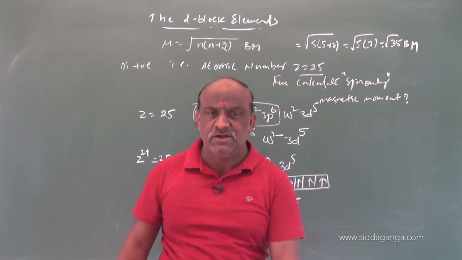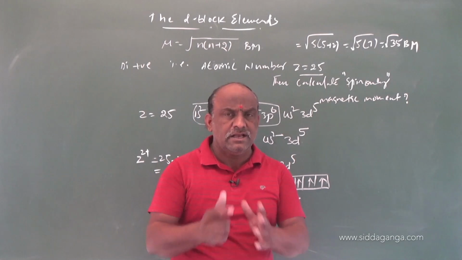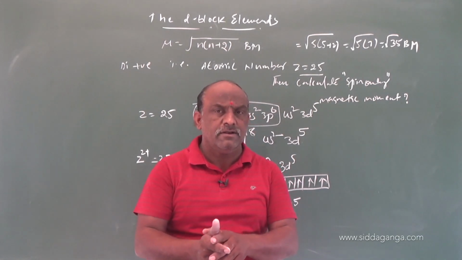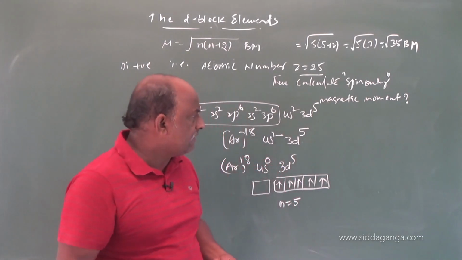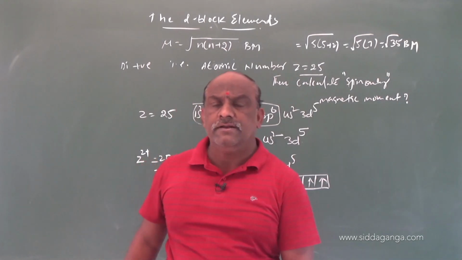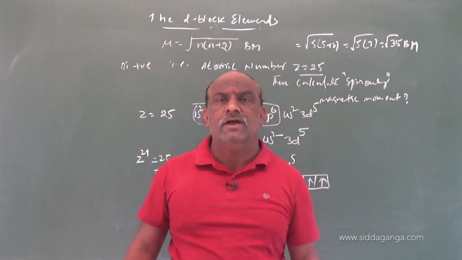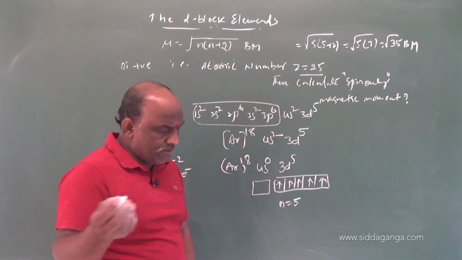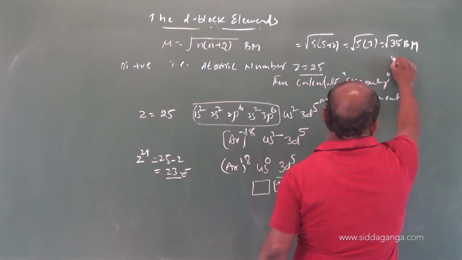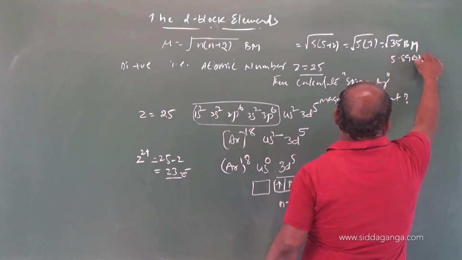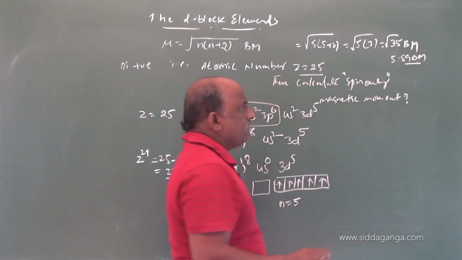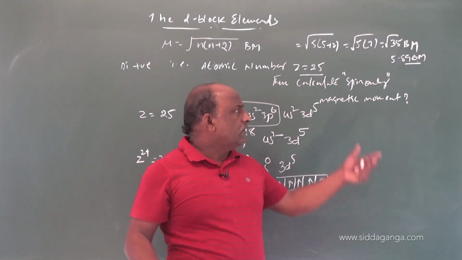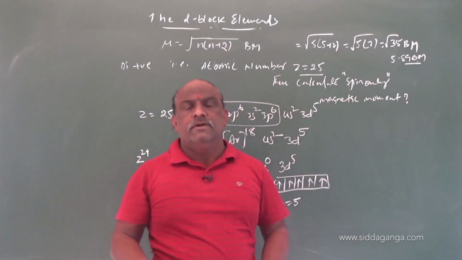Don't just say 6; it is nearly 5.89. You can calculate the value of root 35 and you will get about 5.89, or 5.9. Clear?